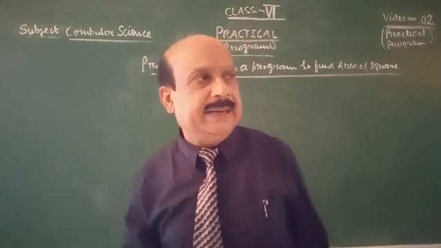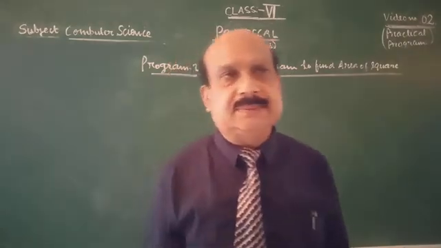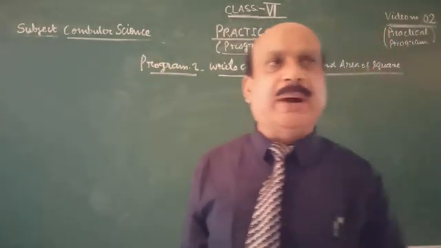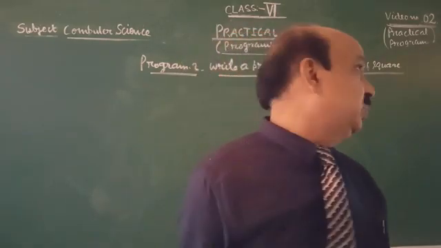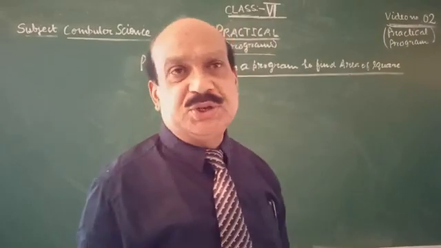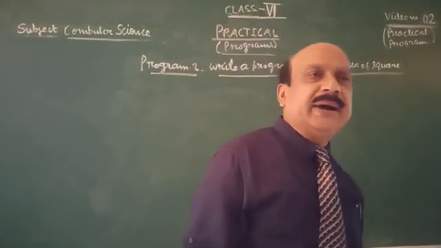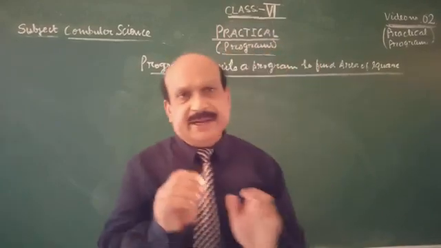I have told you that if in any program you are finding something, a formula is required, so you must know what the formula is. So here you are finding the area of a square, so you must know the formula to find the area of a square, and you know that it is side into side.